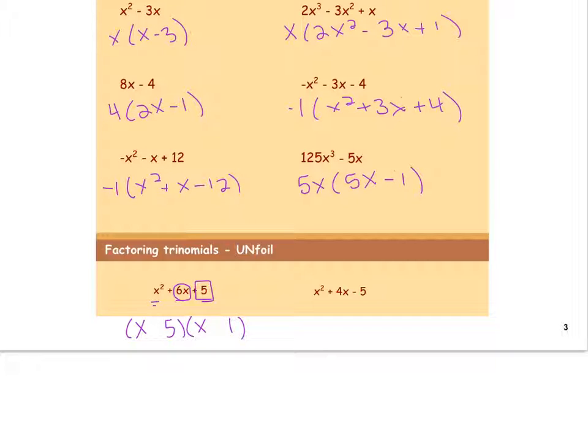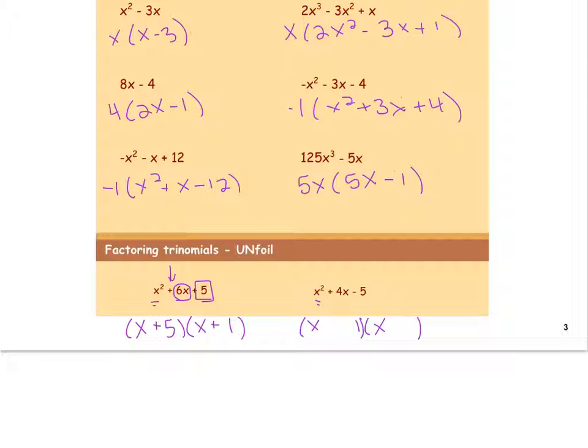Since this third term is positive, you either multiplied two positives or two negatives to end up with a positive product. In this case, since the middle term is positive, these guys both had to be positive as well. If I look here at the next one, x squared, so again, the only terms that I can multiply to get x squared are x and x.